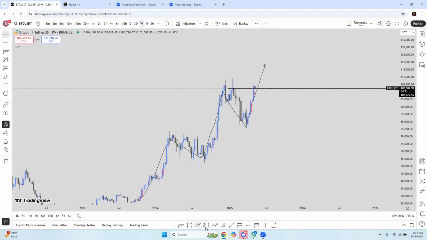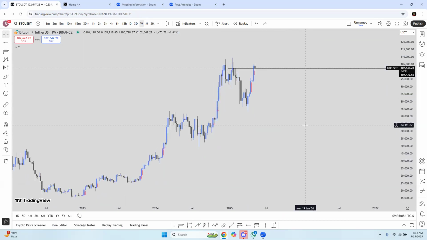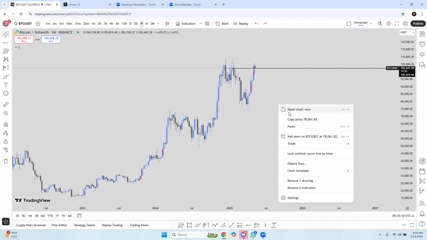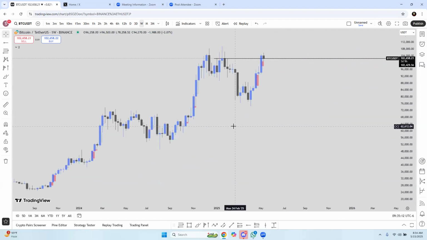Now we will see that decision time is near: either we are creating a double top formation in this zone, something like this, or we are making a new higher high, and then we get our pullback, and then we go up again towards a new higher high, something like this. This is the situation right now on the market on higher time frames.